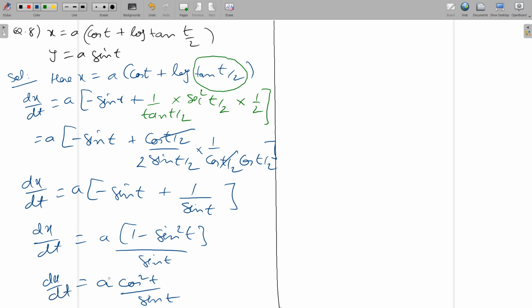Now we'll find dy by dt. So we are having y equal to a sin t. Therefore dy by dt will be equal to a cos t.